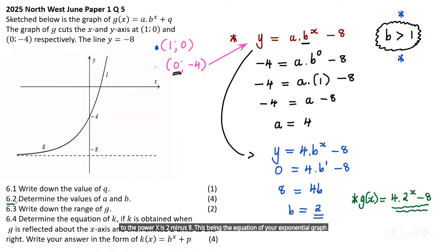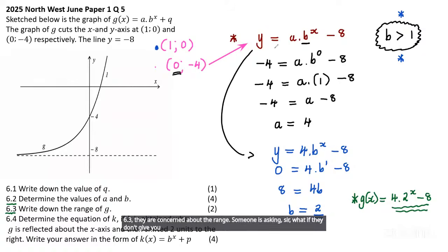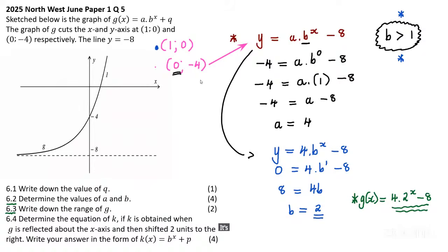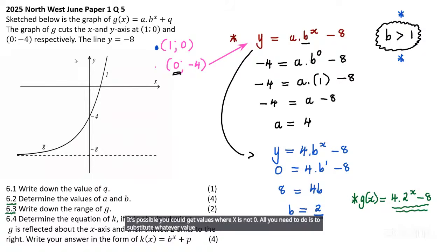That's 6.2. Let's try 6.3. They are concerned about the range. Someone is asking, what if they don't give you values where x is 0? It's possible. You could get values where x is not 0. All you need to do is to substitute whatever value you get. Eventually, through the algebra, you will get the appropriate answers.